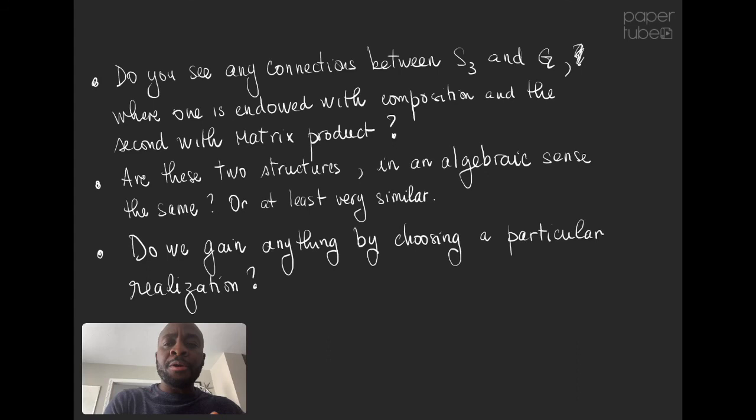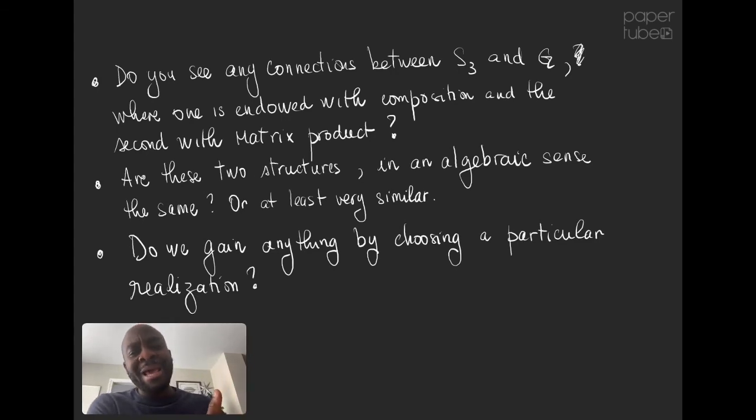The question one is trying to ask here is whether these two structures are essentially, at least in an algebraic sense, very similar. Do we gain anything particular or beneficial by choosing a concrete realization of any one of these objects, or is that not central in understanding the algebraic nature of these concepts?